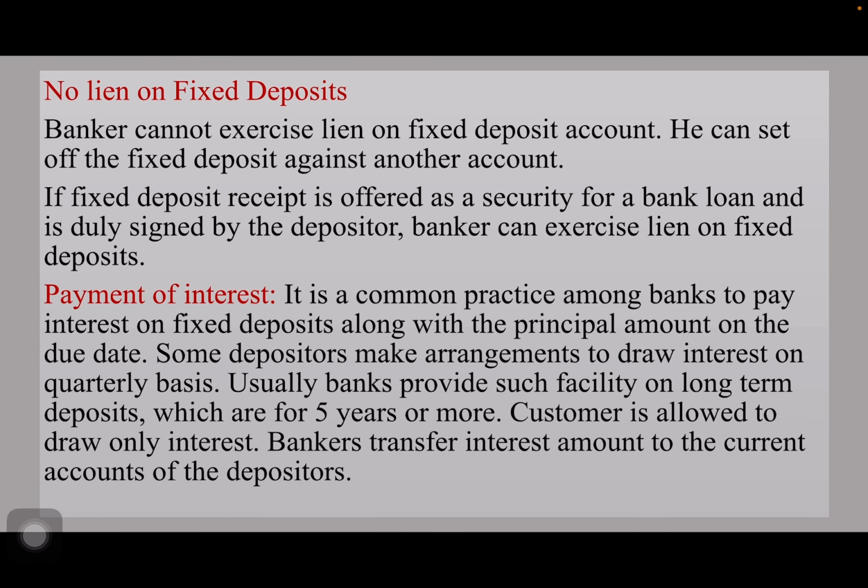The banker cannot exercise lien on a fixed deposit account. He can set off a fixed deposit against another account, that also with the prior permission of or agreement with the customer. If the fixed deposit receipt is offered as security for a bank loan and is duly signed by the depositor, the banker can exercise lien on fixed deposits.